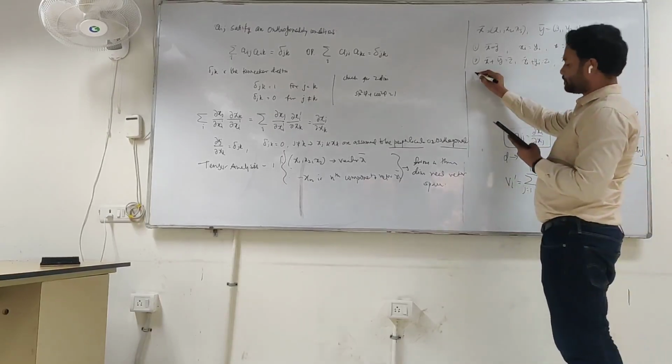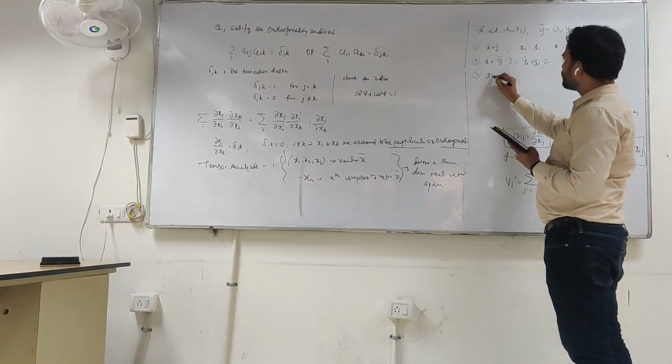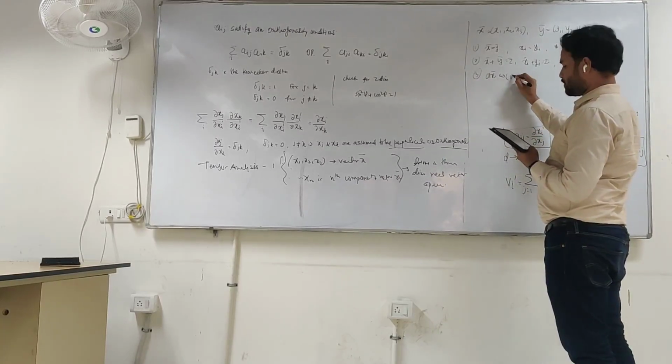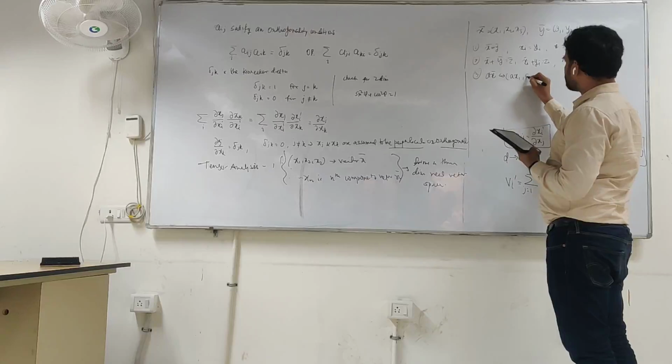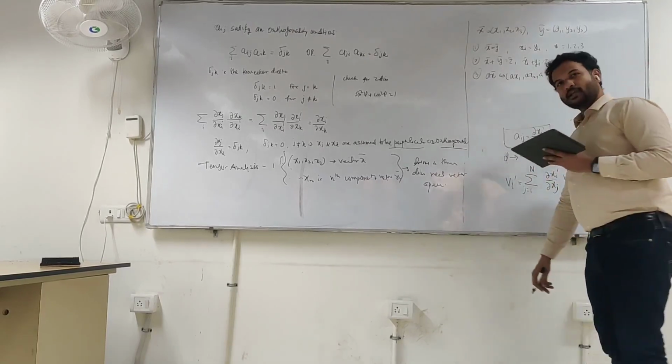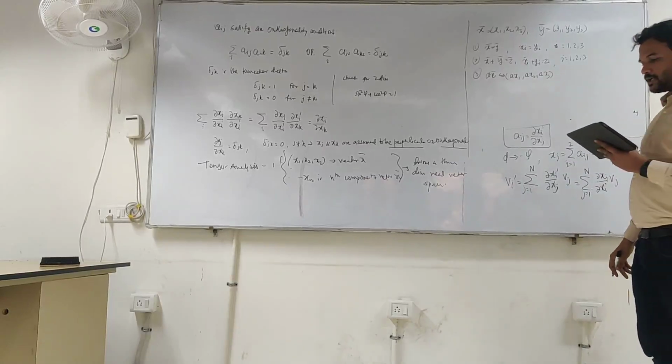Scalar multiplication, that is a times x bar, is multiplying the scalar with each real number.